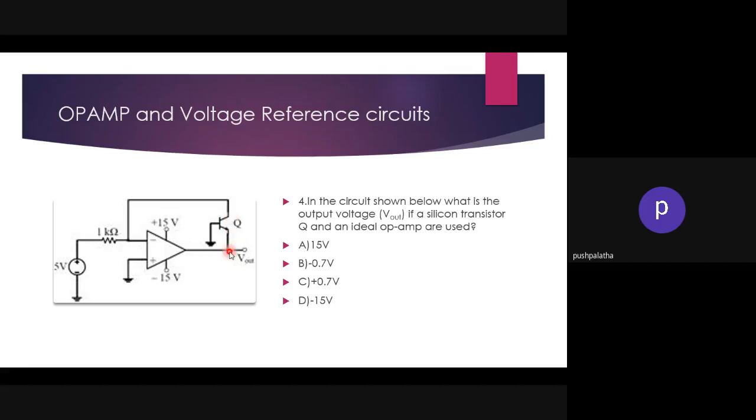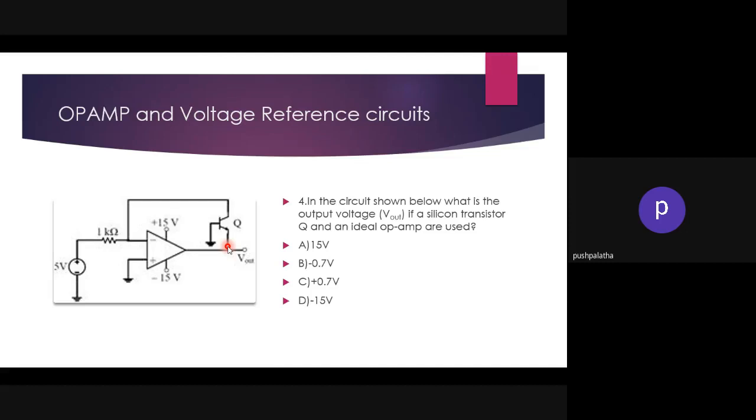VE we don't know, so let me take VBE, which is always 0.7. VBE is VB minus VE, and VB is 0, so VE is minus 0.7, correct?